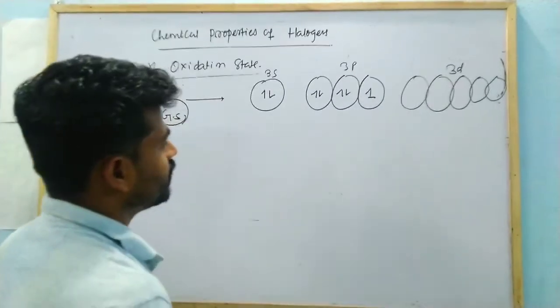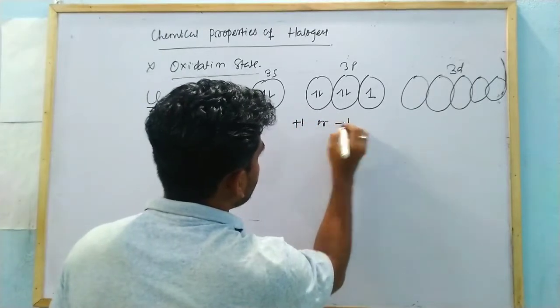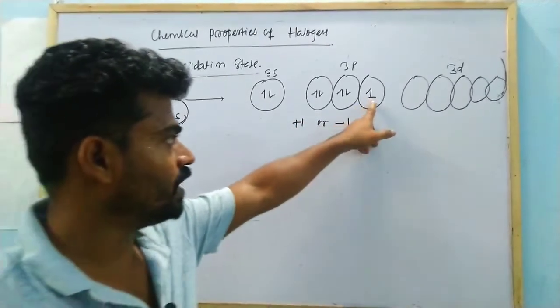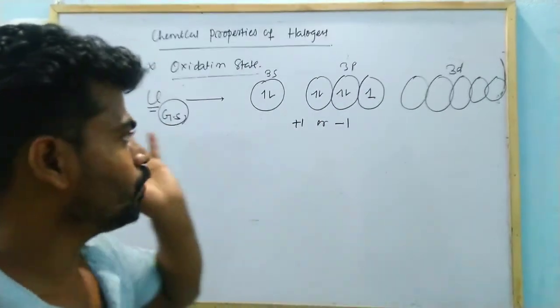So in ground state, here the oxidation state can be +1 or -1, because of one covalency. No problem.